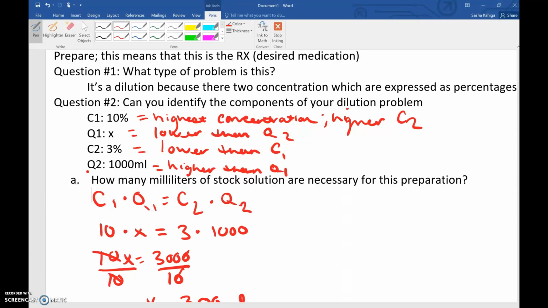So your Q2 is always going to be higher than your Q1, because the components that make up your Q2 are the stock medication and whatever base you're using to dilute it, whether it's water or normal saline. You add the two together, you're going to get a higher number.